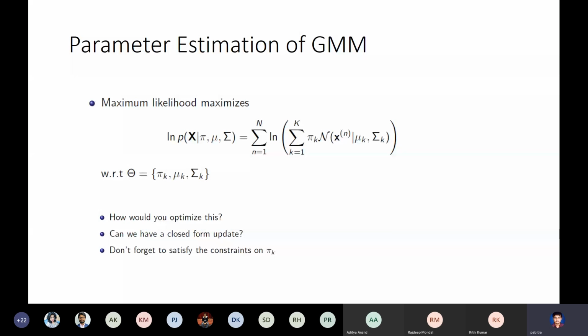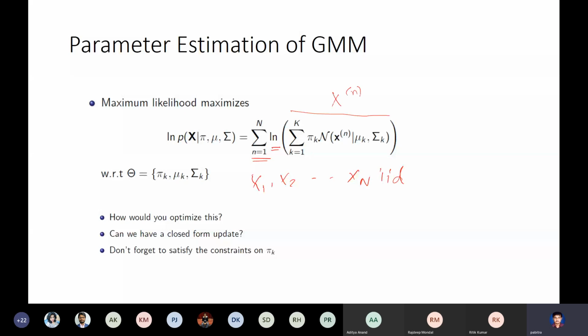The expression assumes you are given data points x1 to xn, which are independent. So the likelihood gets multiplied, the log likelihood gets added up over n = 1 to N, and this is the log likelihood for a single xn.